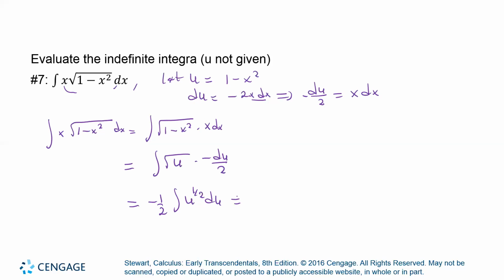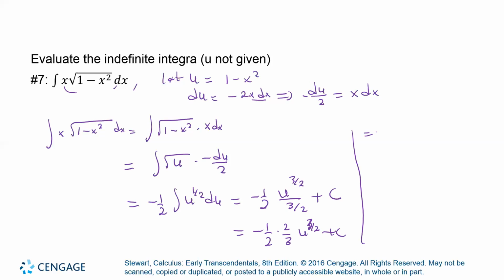So let's find the antiderivative of that. That is minus 1/2 u raised to 3 over 2 divided by 3 over 2, then plus c. And what is that? This is minus 1/2 times 2 over 3 u to the 3 over 2, then plus c.